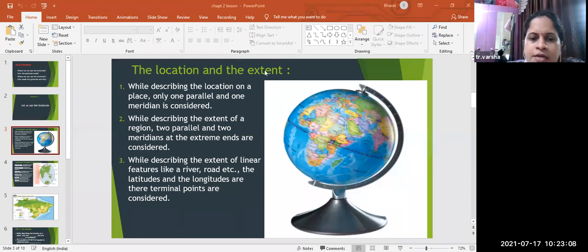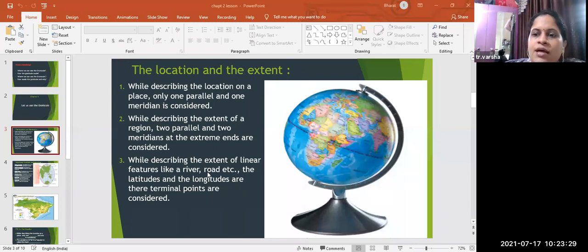For example, here I will put reading the Ganga. Now first we have to see the latitude and the longitude of the Ganga river, from where it is starting and where it is going down, like ending.